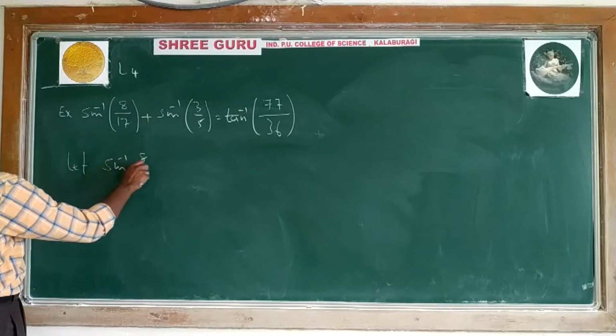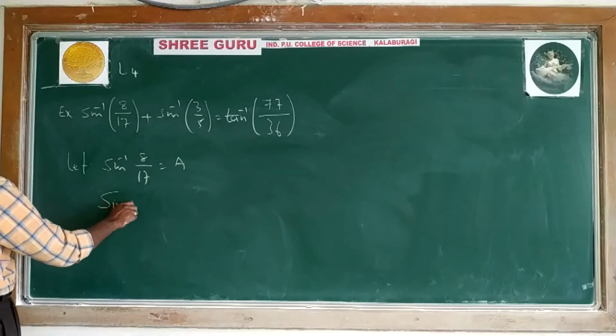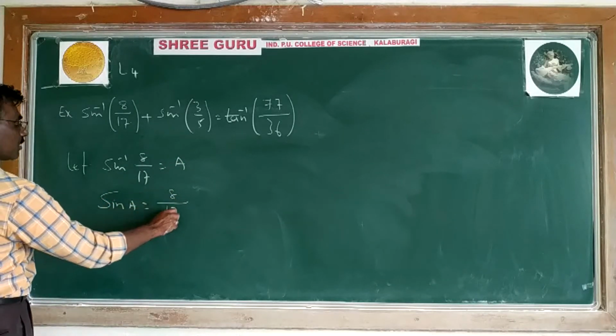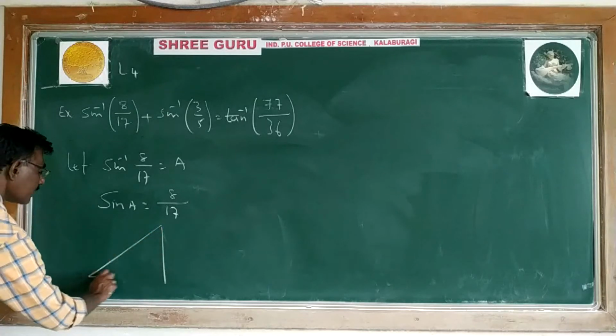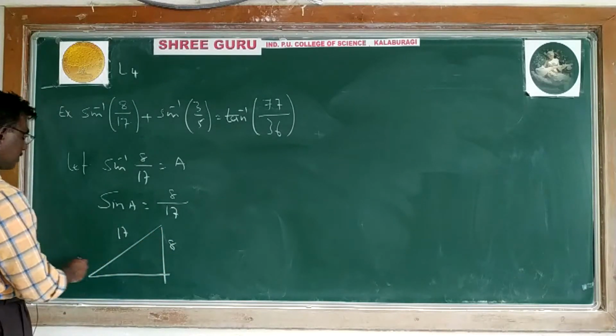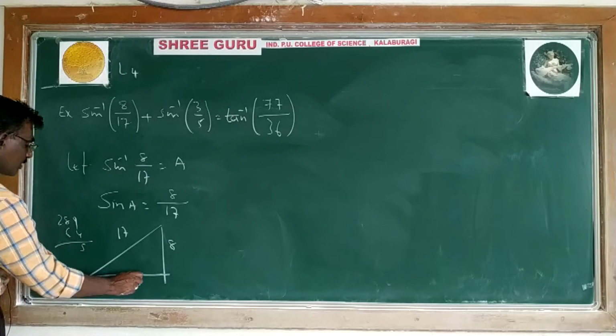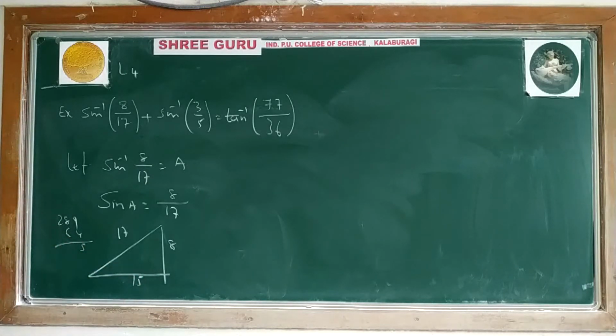sin inverse of 8 by 17 equal to A. Sin A equals 8 by 17. This is 8, this is 17. 17 square is 289, minus 64 is 225, which comes to 15.